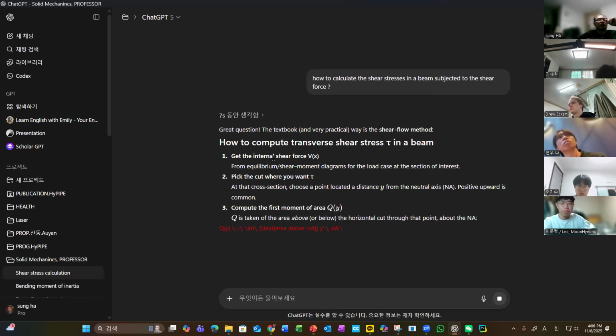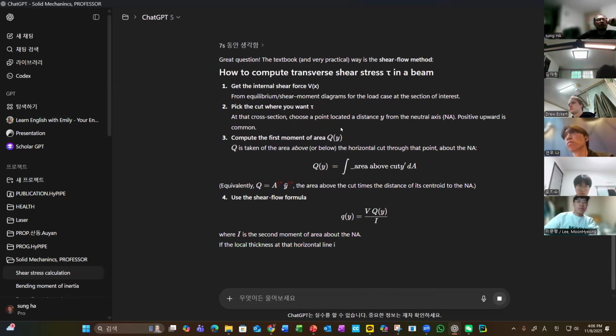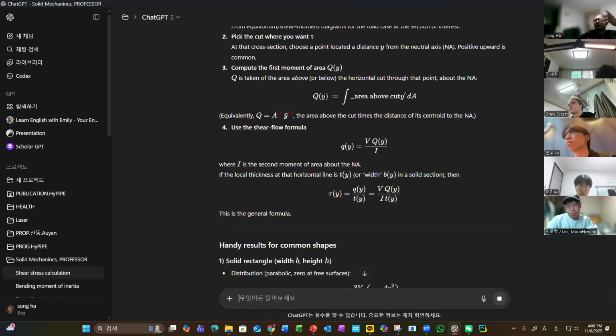How to calculate the transverse shear stress tau in a beam: we define the Q, the same as the area above the cut. Cut means that we also consider the cutting area, so Q is the integral of y prime dA.